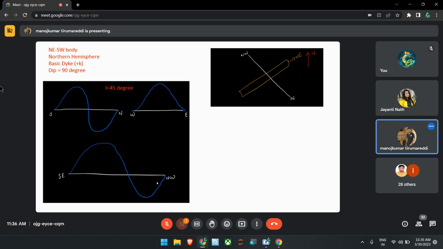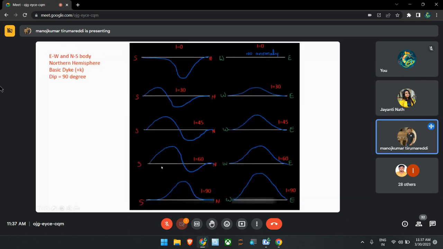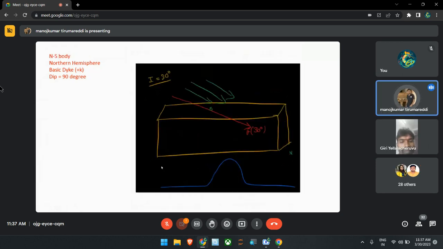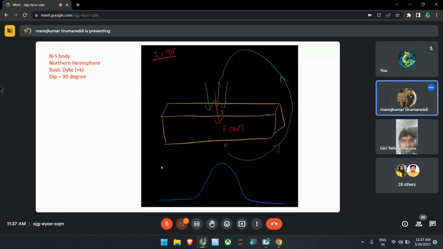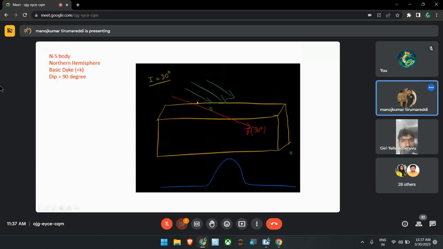Sir, yes. Can you please explain the field lines of this north-west body? Actually, it is 3D. In 3D we are unable to draw in 2D. You have to visualize it only. But see, two components will be included here. This is one slide.